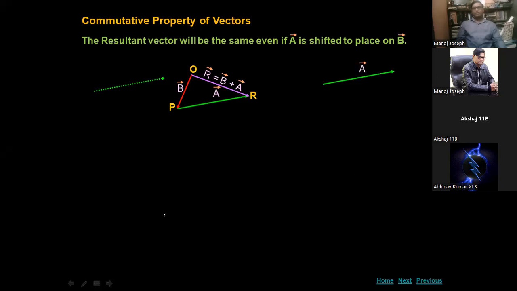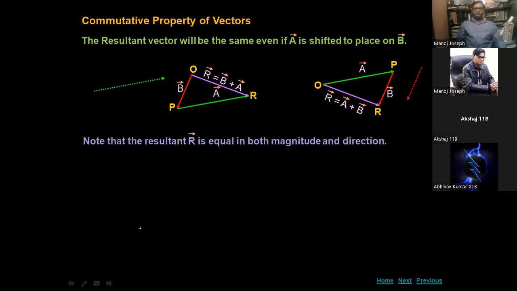Now suppose that vector A is moving in a certain direction and vector B is moving here. We can bring B to the head of A. Then in that condition also the resultant will be the same. So vector addition is commutative. It's a property of adding two vectors. Note that the resultant R is equal in both magnitude and direction.